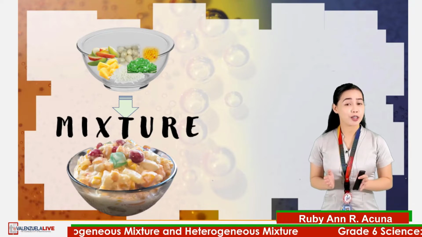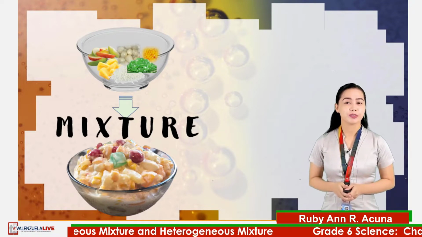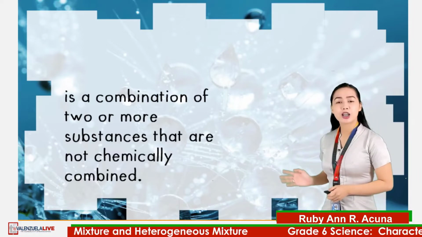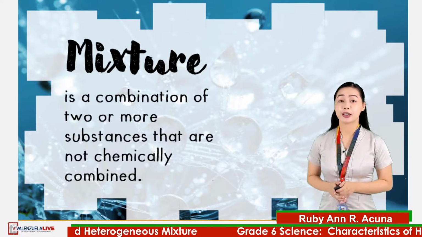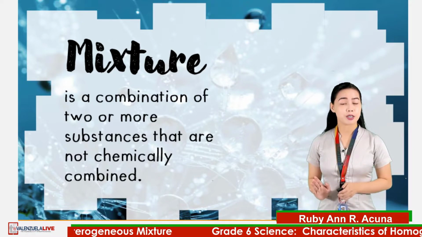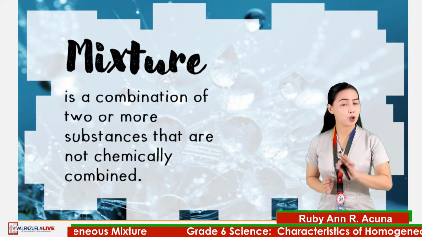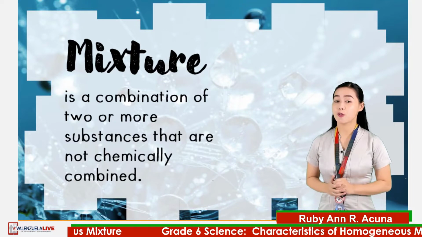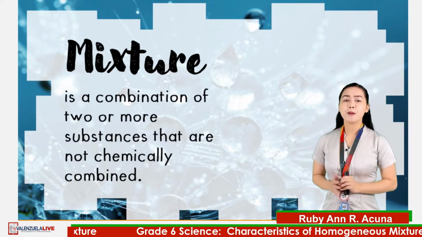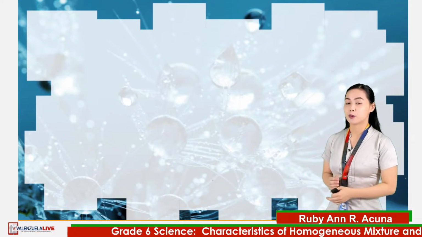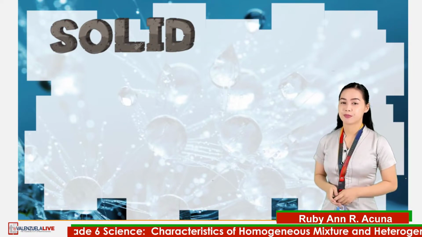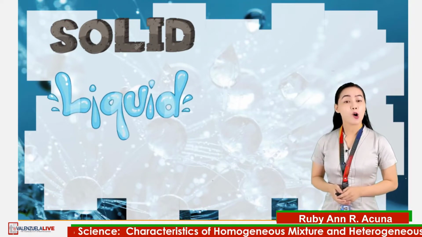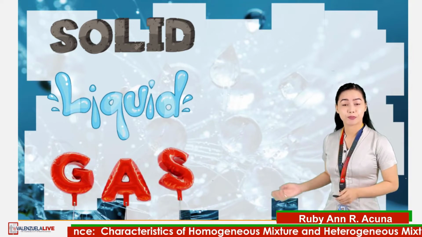Let us first define the word mixture. A mixture is a combination of two or more substances that are not chemically combined. The substances are put together, but no new substance is formed. A mixture can come in any form. It may be solid, liquid, or in gaseous form.